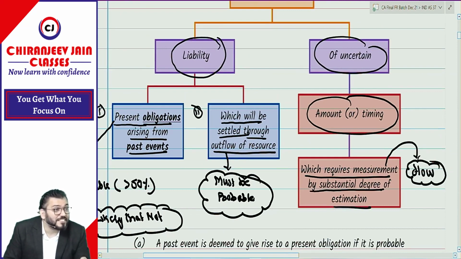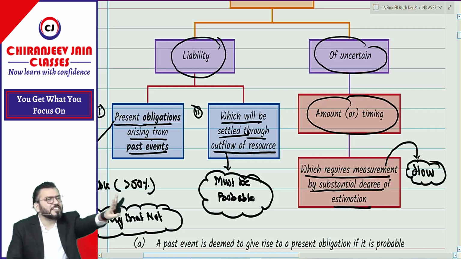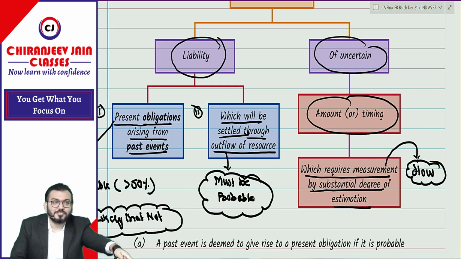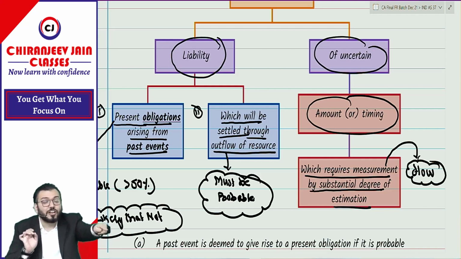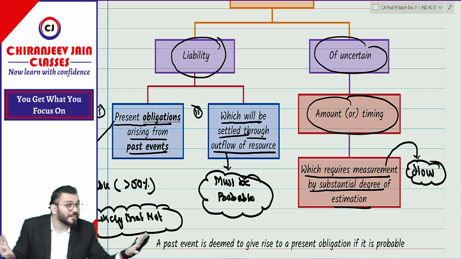Means whenever estimation is required, then liability is known as provision. Means can I say when these 3 conditions are satisfied, recognize provision. If any one of the conditions is not satisfied, provision is not required. Provision is not recognized. Simple.